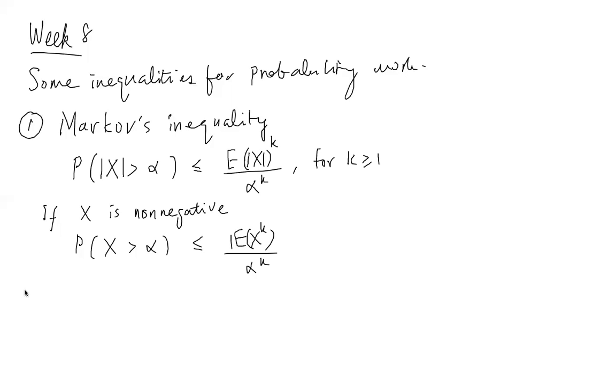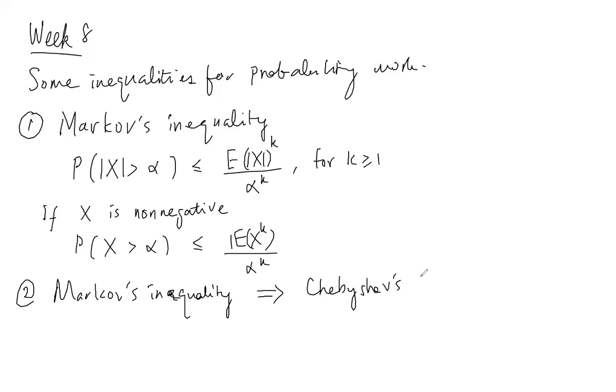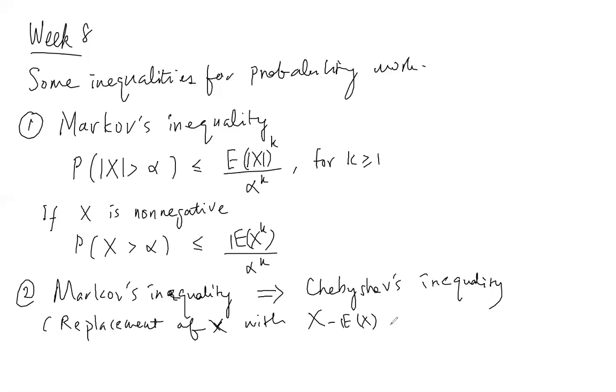Okay. Then Markov's inequality implies Chebyshev's inequality. So you do a replacement. Simply do a replacement of x with centered, right? So generally, this is mu.